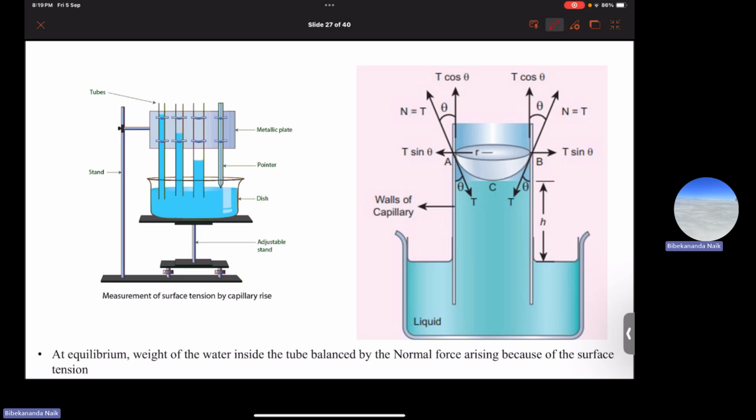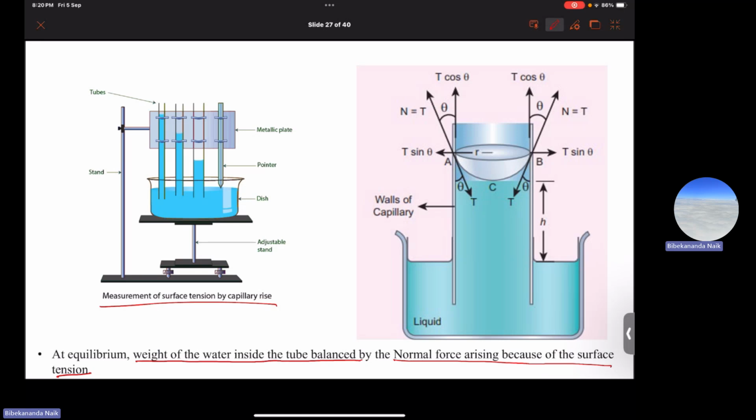And this is the case. Here you can see the experiment which was discussed in the lecture, measurement of surface tension by capillary rise. Depending upon the radius of the capillary tube, the height inside the capillary tube will be different. At equilibrium, the weight of the water inside the tube is balanced by the normal force arising because of the surface tension.